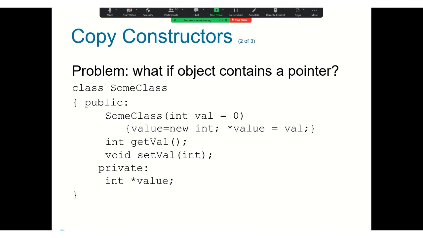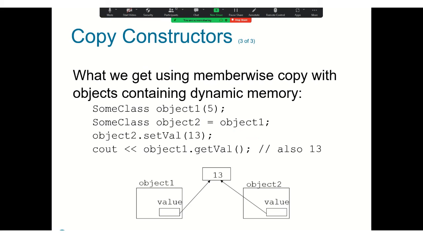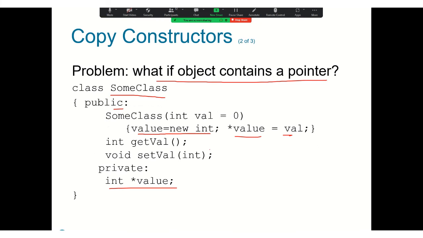So let's see what if the object contains a pointer. Let's say you have this one. Class is some class, public, and then you have this one, and then you say value equals new int, and then pointer value equals value. So things are getting a little complex here. We need to think about this.